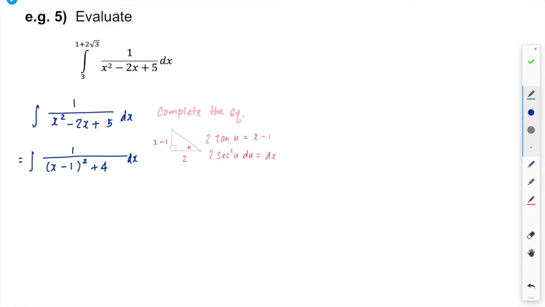And then the substitution that I need to make is for x minus 1 squared plus 4, which really is the hypotenuse part here. This is star, star, and this can be written as 2 secant u. All right, let's sub.